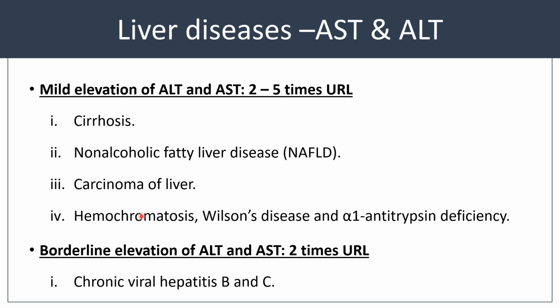Okay. So any one of these conditions can result in 2 to 5 times elevation of AST and ALT above the upper limit of the reference value. And if it is elevated borderline, that is only 2 times, then most probably the patient has chronic viral hepatitis B and C.